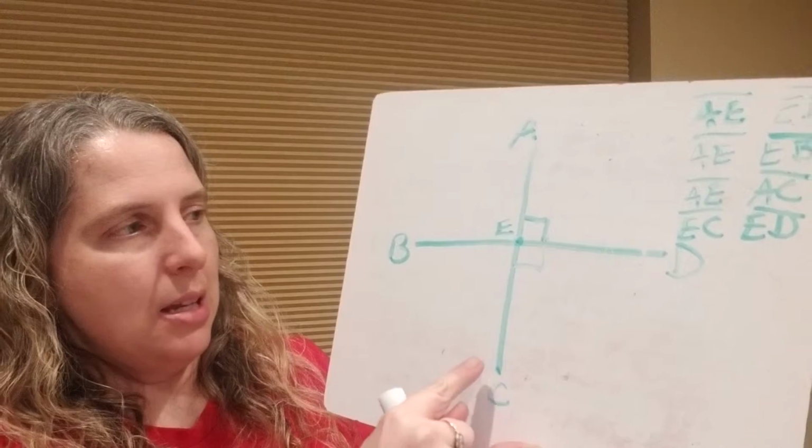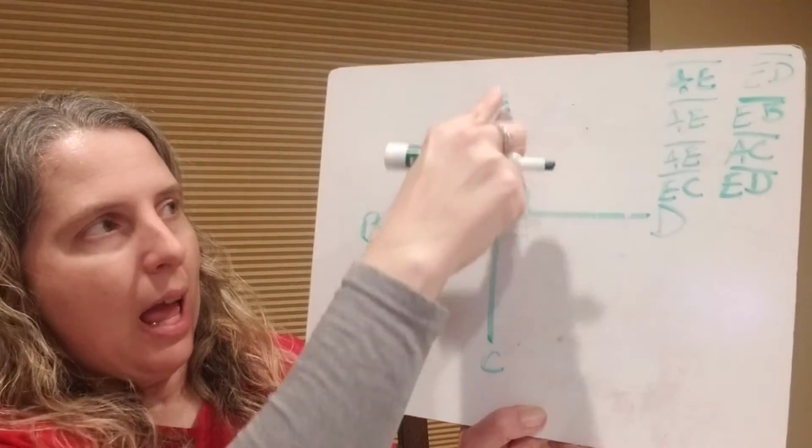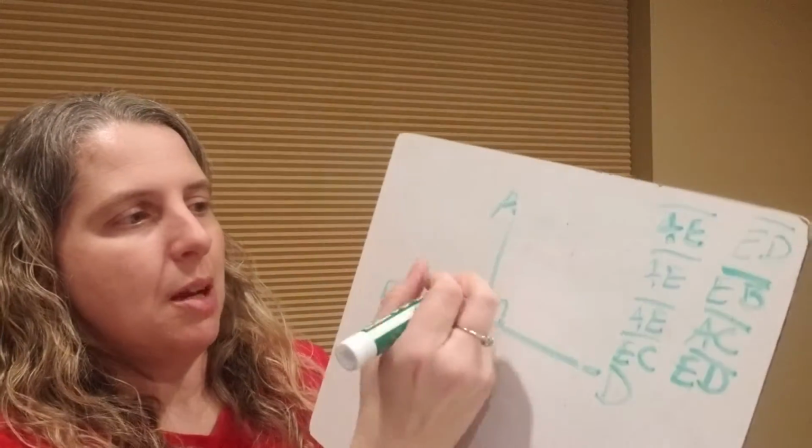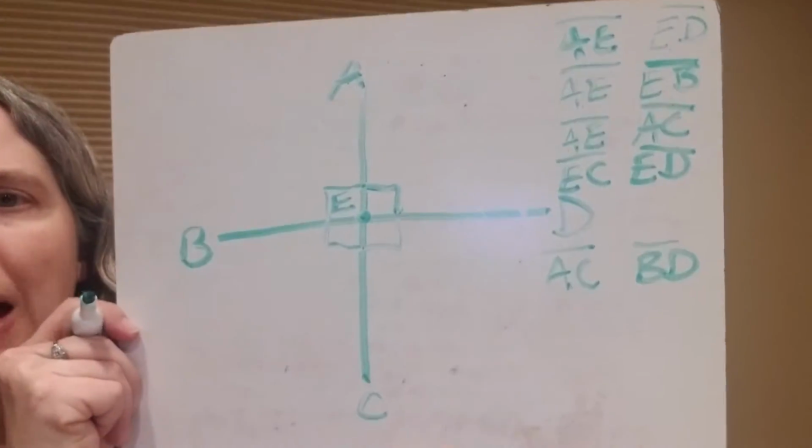BE and EC, that made their right angle right there. AE and EB made their right angle right there. Okay, so I have to write down the last one that I didn't in case you're copying these. AC, BD. All right, that's our list of them.